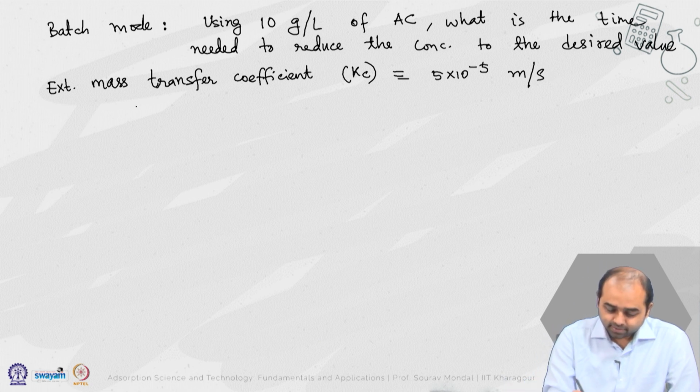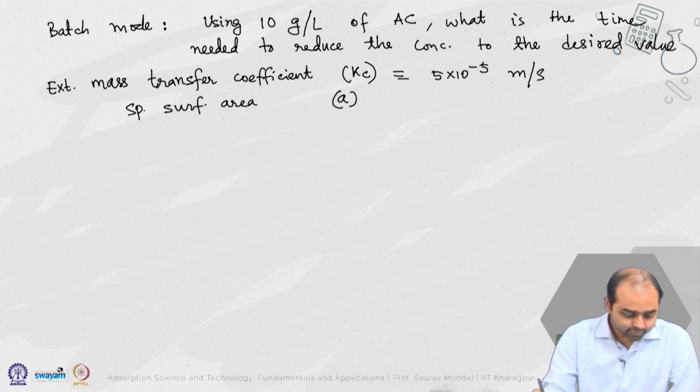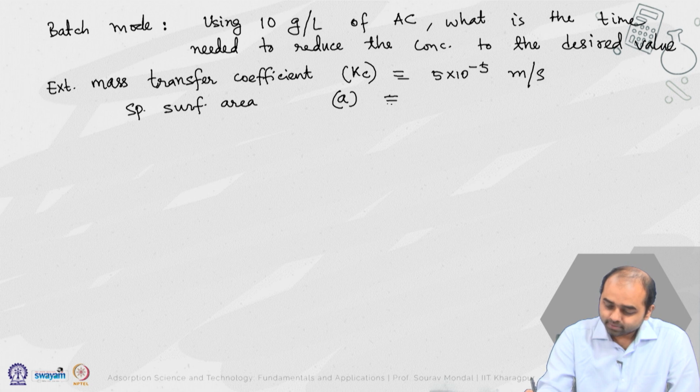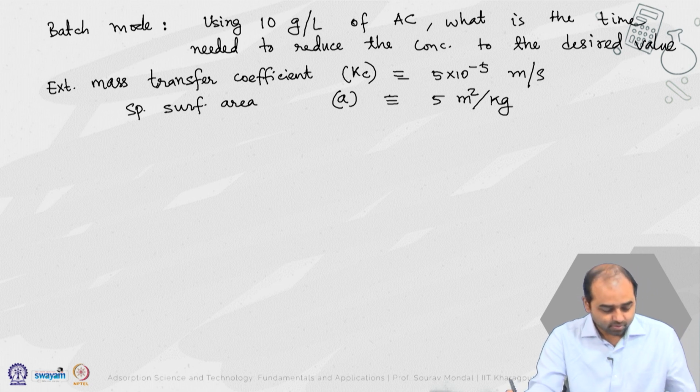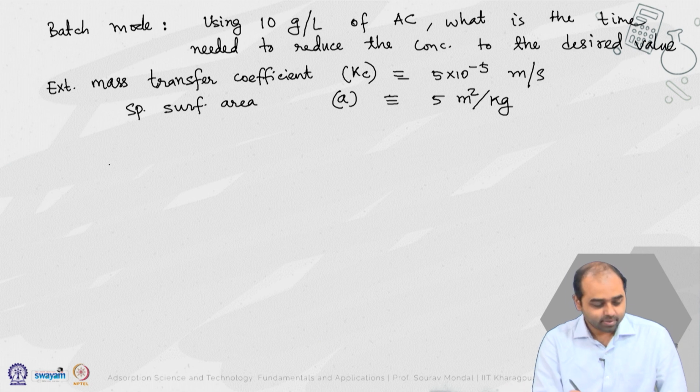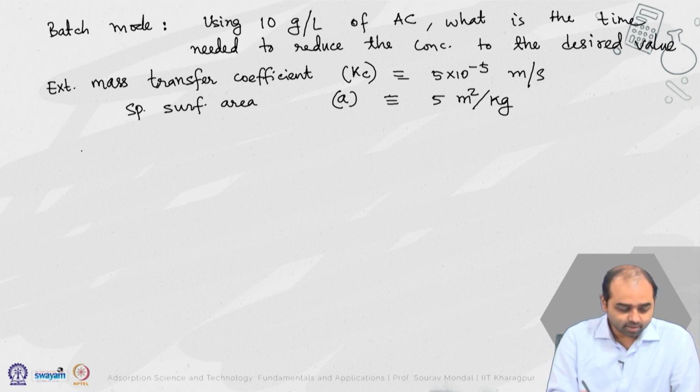The specific surface area, or the particle surface area, the value of A is given as 5 meters square per kg. Now we have to find out the time. So let us work out and find the relations here in batch mode.